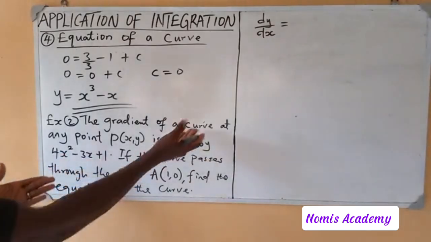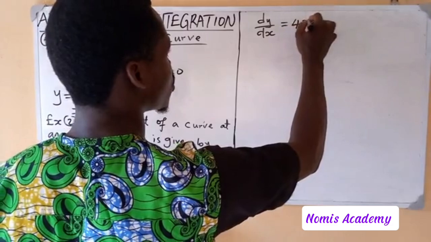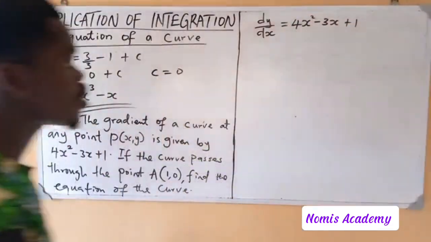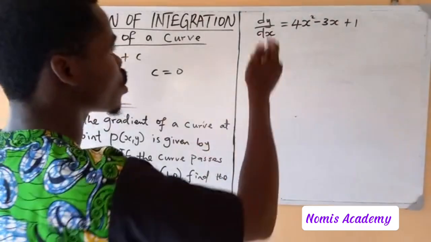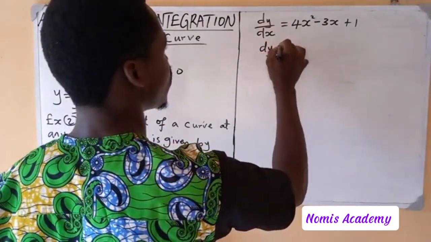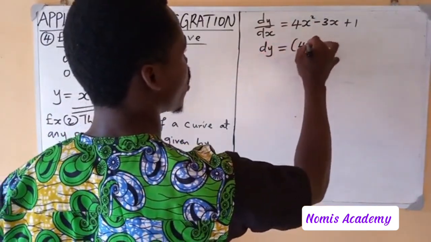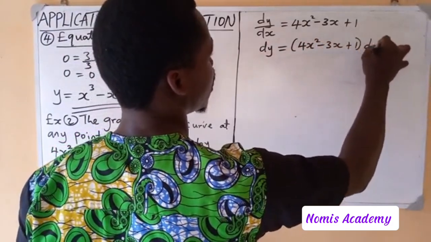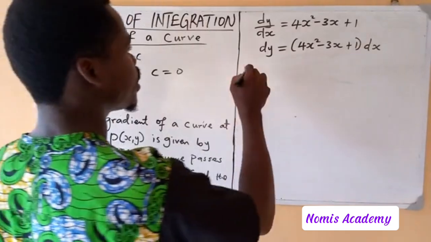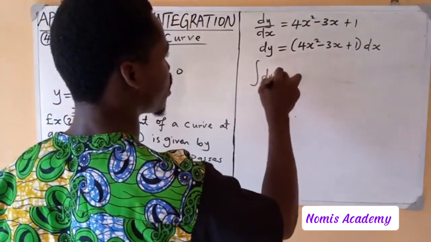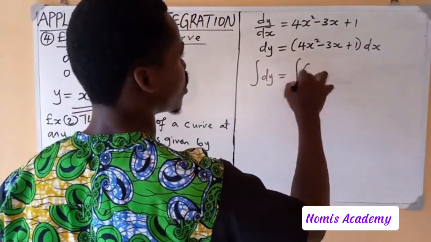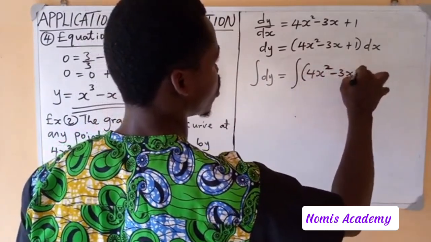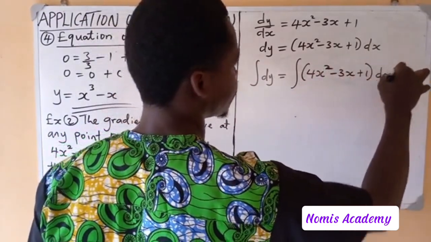To find the equation, we cross multiply: dy equal to 4x squared minus 3x plus 1 dx. Integrate both sides. We have the integral of dy equal to the integral of 4x squared minus 3x plus 1 dx.